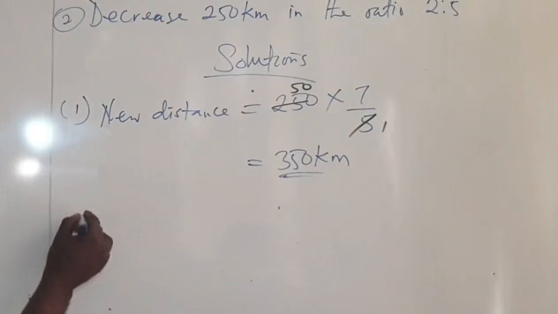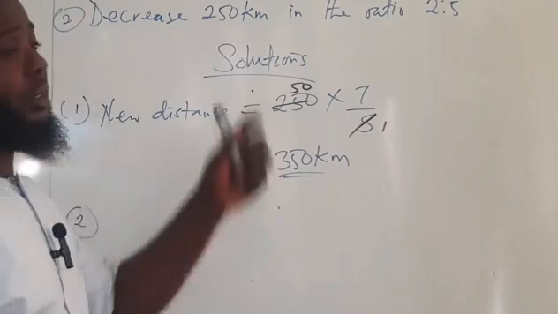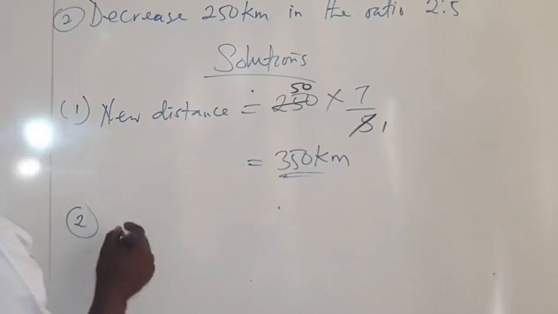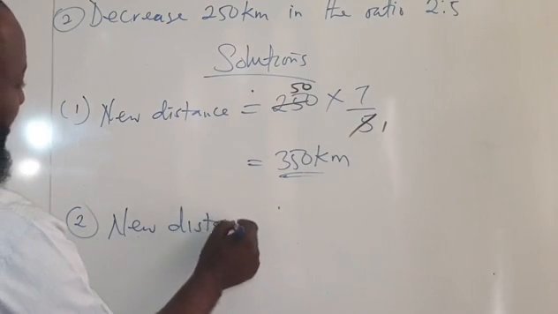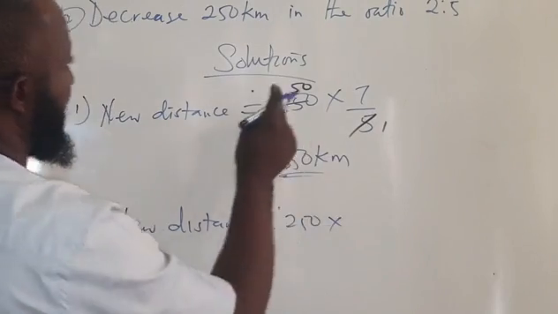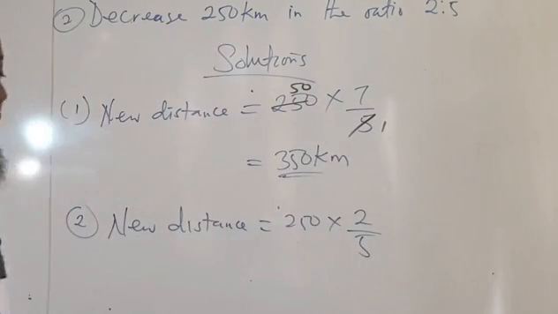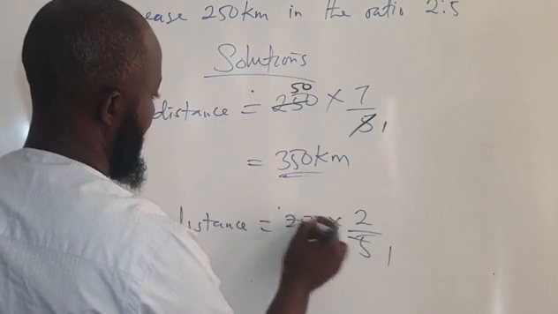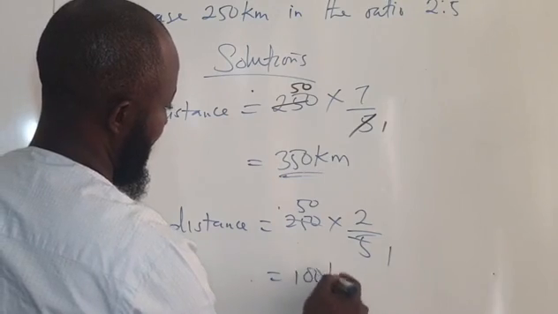The second one is a decrease. We want to reduce it. So the new distance in this case will be 250 multiplied by 2 over 5. The same thing, 5 into 250 is 50, so this gives us 100 kilometers.